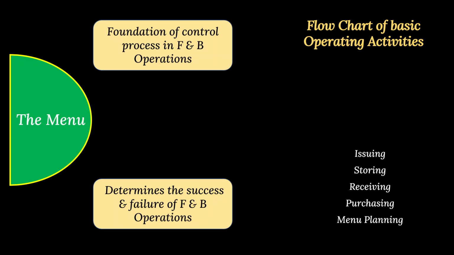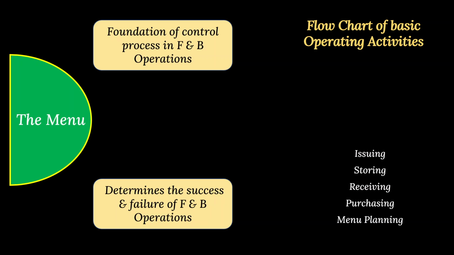Once it is stored, the next point is issuing. From the store, it will be issued as per your requirements, not beyond that, not in unlimited quantity, so that it will be easy for you to manage the ingredients.